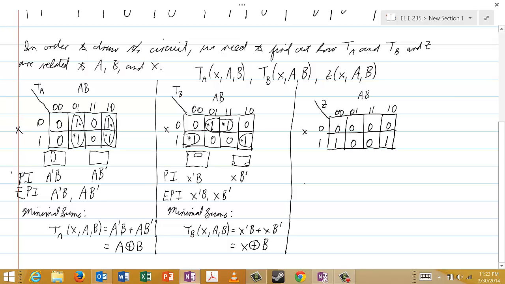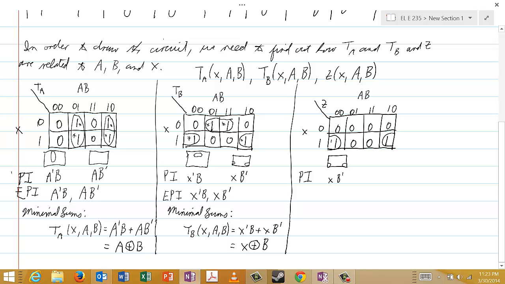And now finally for Z, once again there are no rectangular groupings of 4 one-cells. However, there is a rectangular grouping of 2 one-cells, and it is this. And that is simply XB prime.